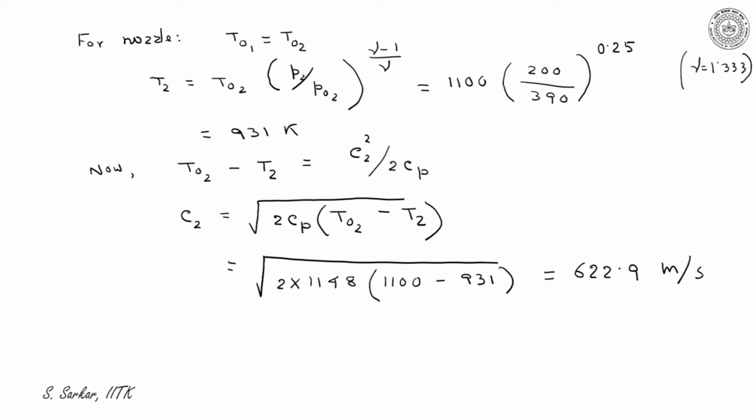Now from velocity triangle, considering axial velocity remains constant within the stage, I can write Cz is equal to C2 into cos alpha 2.